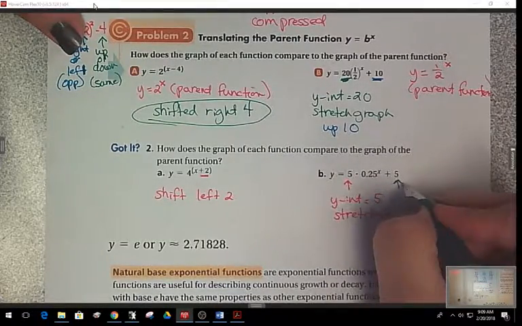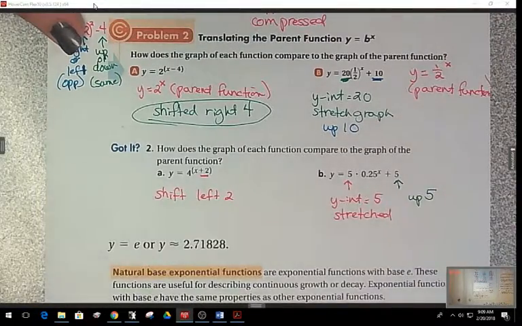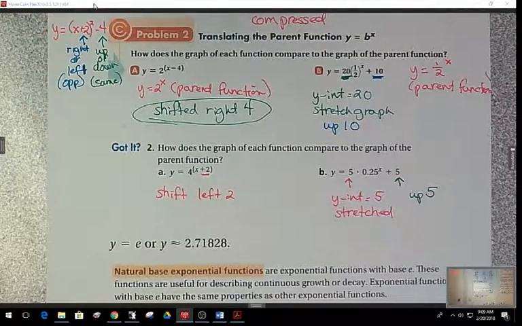This 5 right here is going to move it up 5. We could graph these on the graphing calculator if you wanted to see them real quick and easy. It's not a big deal to type it in.